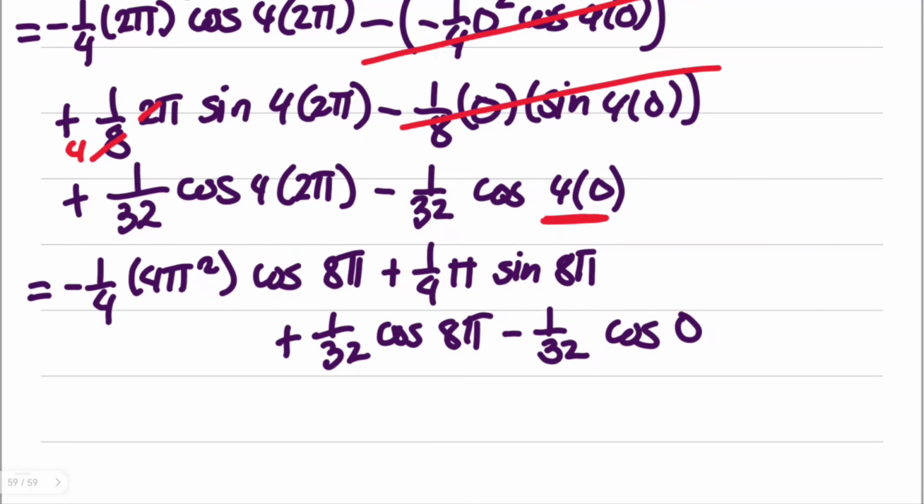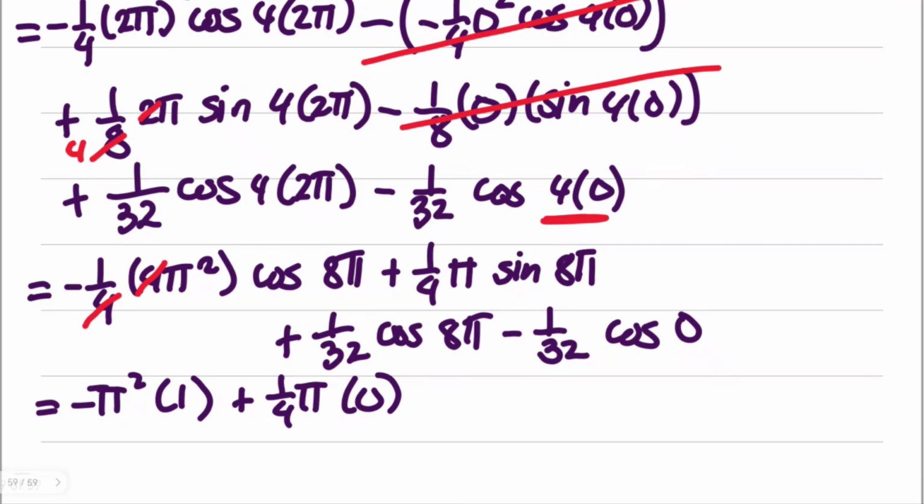So this means, as I cancel this, I have here negative pi squared times 1. Sine of 8 pi is actually 0. So that's 1 plus 1/4 pi times 0. Plus 1 over 32. Again, cosine of 8 pi is actually 1, minus 1 over 32, and cosine of 0 is also 1.